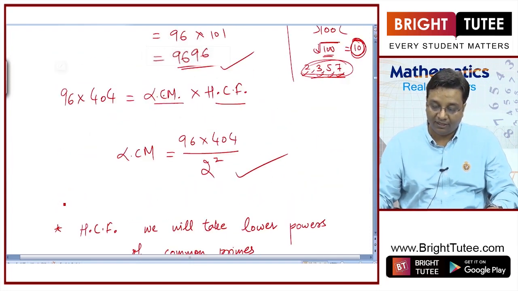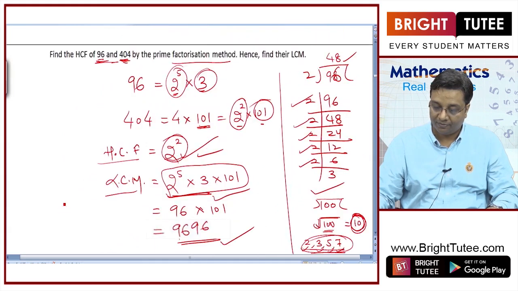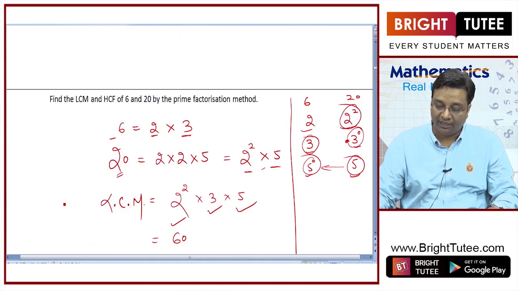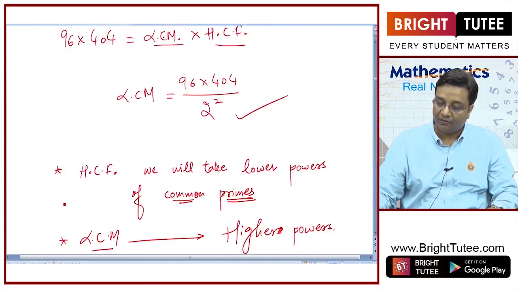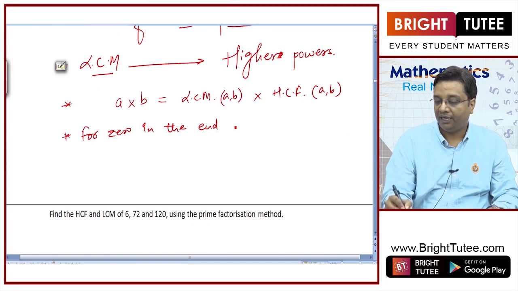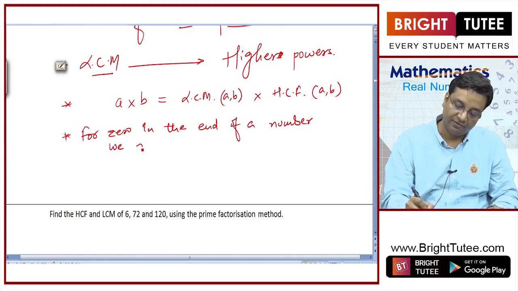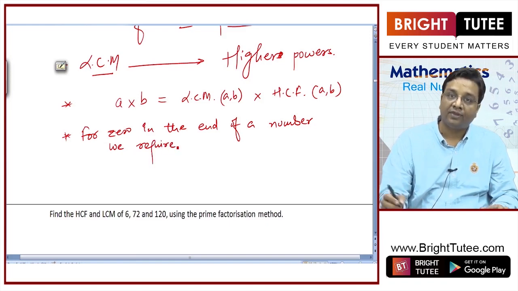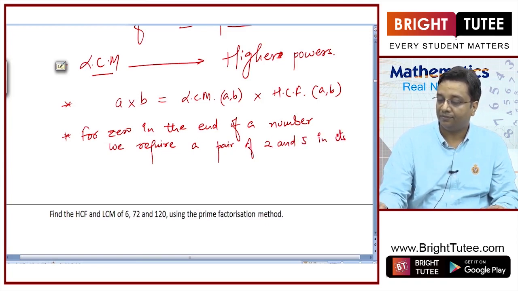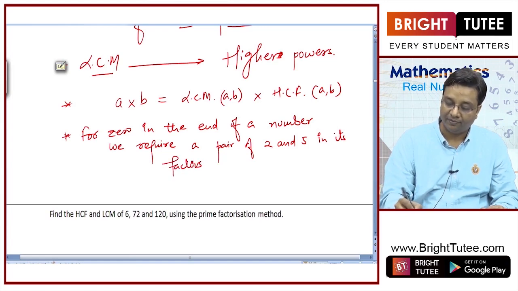Next thing that we learnt here was that if you want to produce 0 in the end of a number, we require a pair of 2 and 5 in its factors, right?